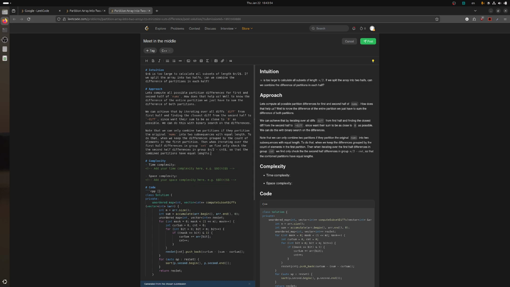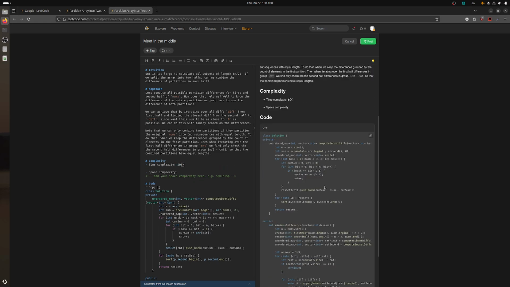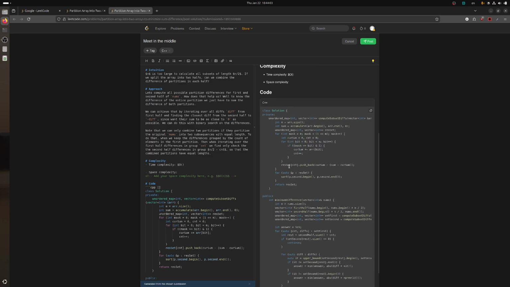Time complexity. Well, we first calculate this, which is 2 times n half, and then 2 times n half we do sorting.